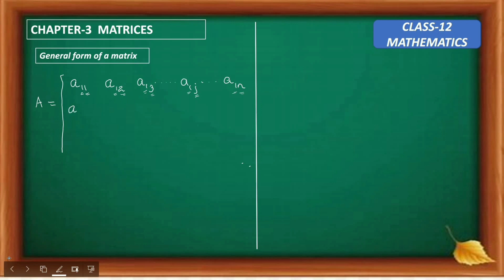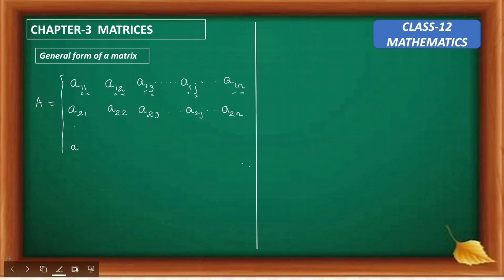Similarly, we can write the second row: second row first column, a21, second row second column, a22, second row third column, a23, etc., a2j, etc., a2n. a2n means second row and nth column.